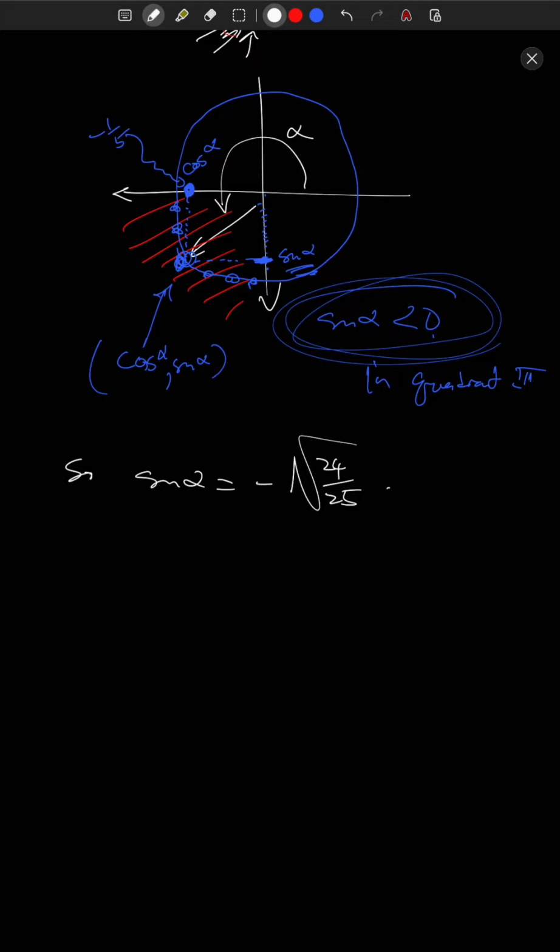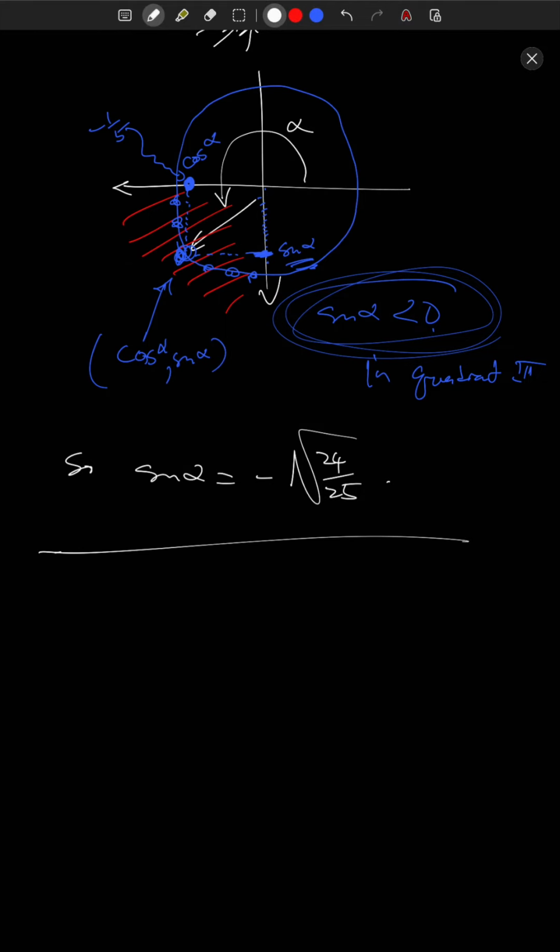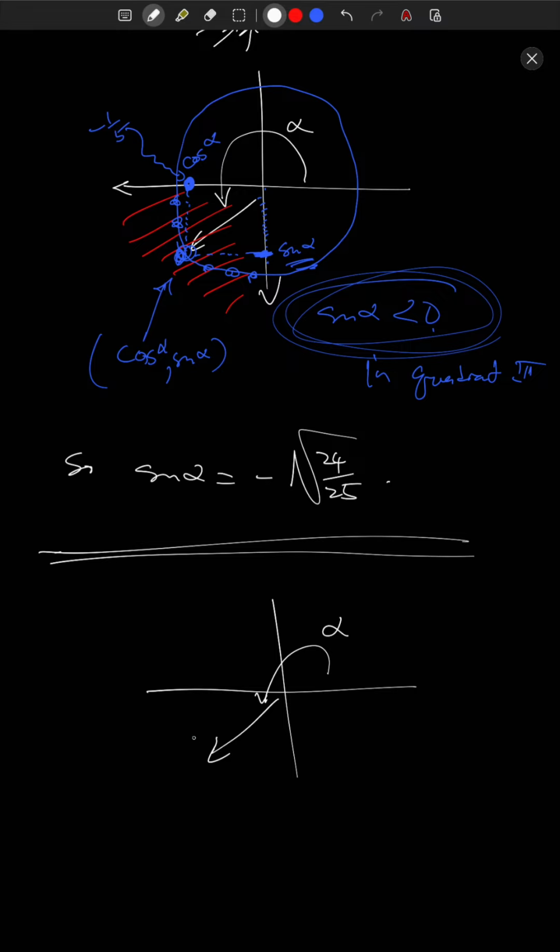Actually, let me mention another point of view of the same thing. Let's look at the same problem. Here is my angle alpha. I said that this point right there was minus 1/5, which tells me this length here is 1/5. If I use this as 1, a circle of radius 1, I can use the Pythagorean theorem to figure out the length right there.